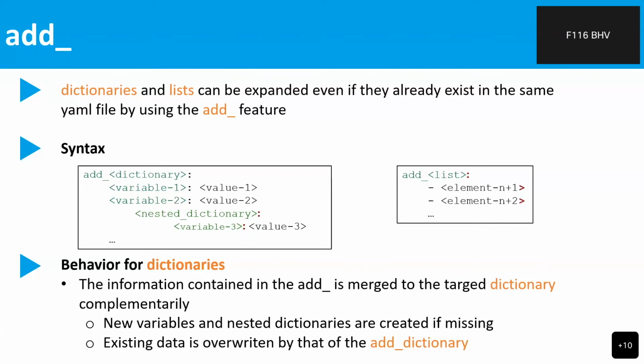But what would it mean non-complementarily? It would mean that we can, for example, add the same variable twice to the dictionary, but that's not possible because the definition of a dictionary says you can only have one key. But for example, in a list, it's not complementary.